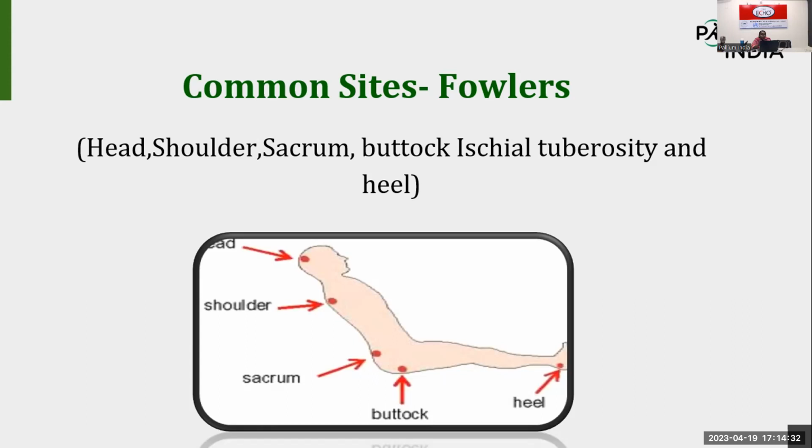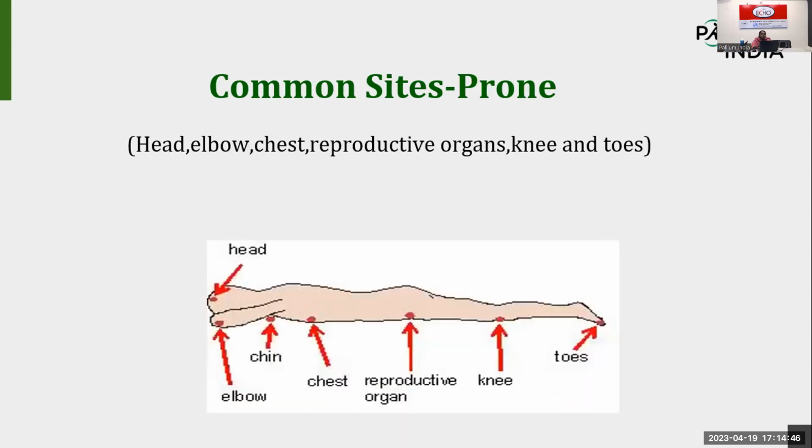You should not keep the patient strictly supine, but you have to give a 10-degree turn, either to the right side or left side. And coming to the prone position: head, elbow, chest, reproductive organs, knee, toes. These are the common points. This is one of the important positions when we are planning to go for a surgery.